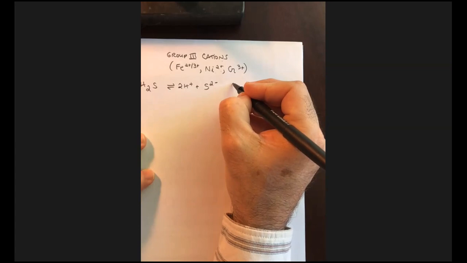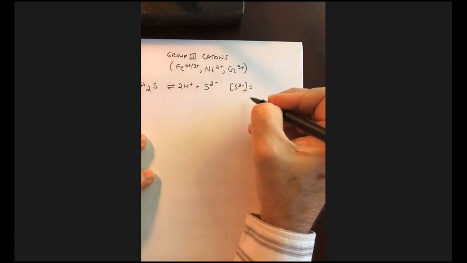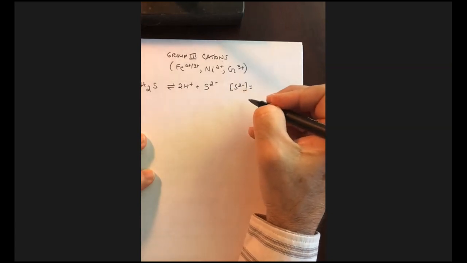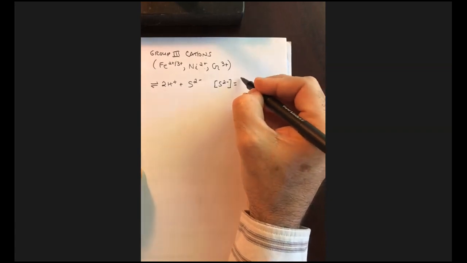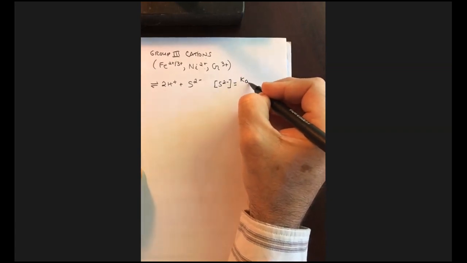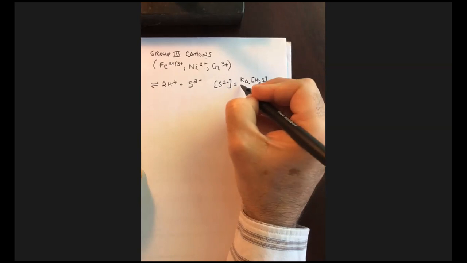We found out and we derived this expression last time that the relationship between the sulfide ions and the hydrogen ions or protons, essentially the pH, is a reverse or inverse relationship. We said that this relationship holds.